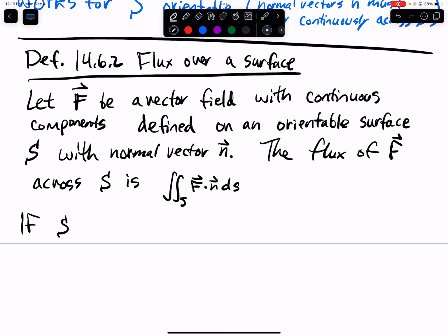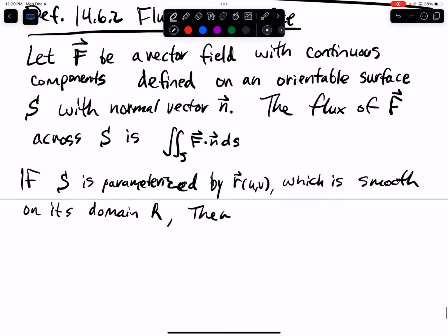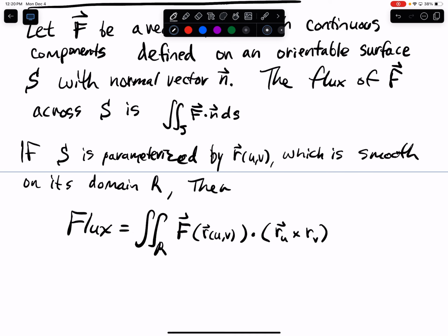If S, the surface, is parameterized by R of u,v, which is smooth on its domain R, then the flux is equal to the double integral over the region R of F of R of u,v dot R_u cross R_v dA.